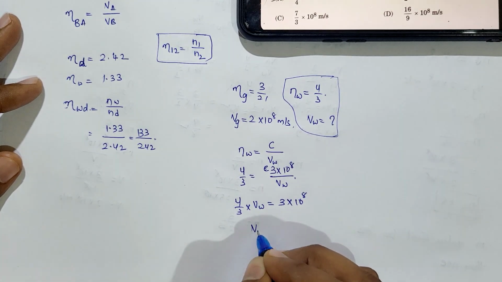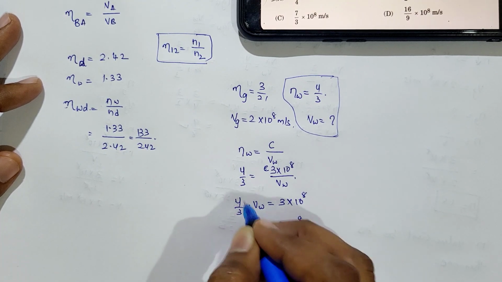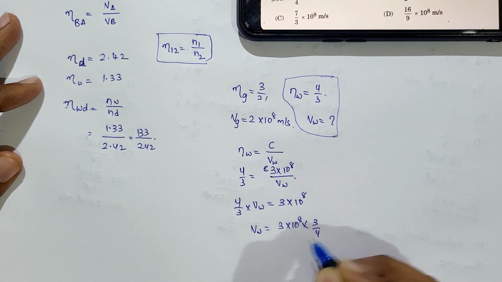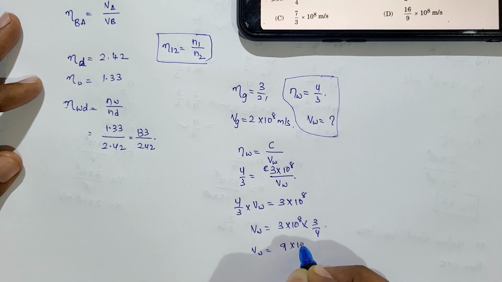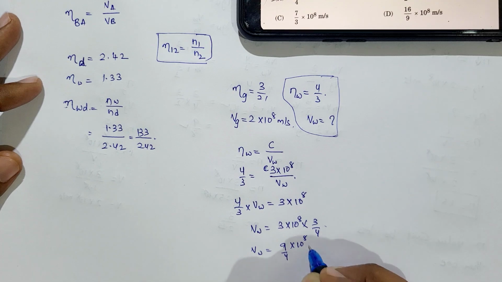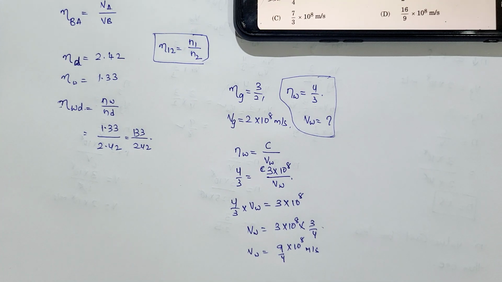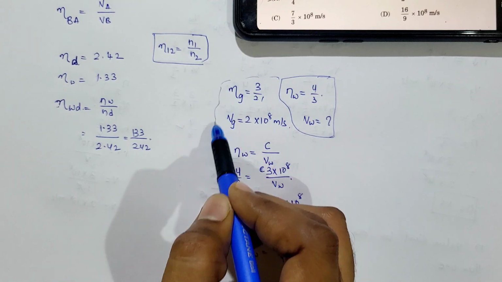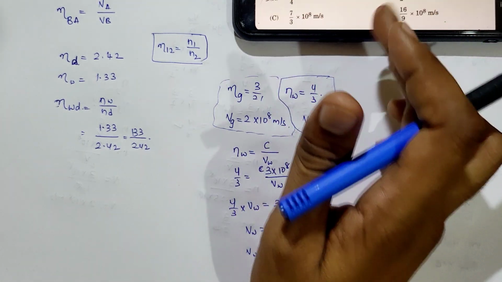So VW is equal to 3 into 10 power 8, 4 by 3 comes this side, 3 by 4. So VW is equal to 9 into 10 power 8 divided by 4 meters per second. This much only. So simply unnecessarily they gave this one to confuse. This much information is sufficient, right?